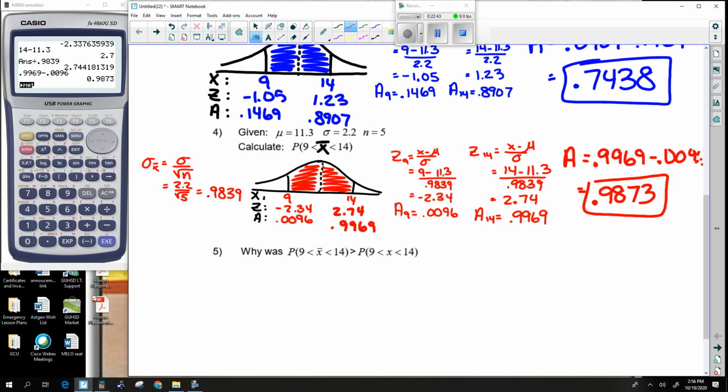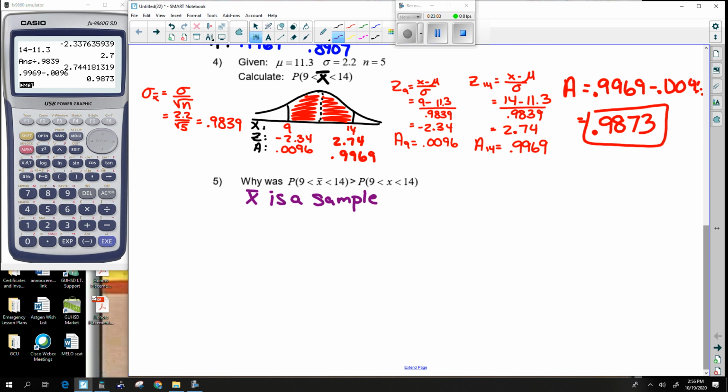All right, number 5. Why was the P of the x bar greater than the probability of the x? And here's the punchline. This, because x bar is a sample. And so what I need to see as your answer is, well, one, you need to identify x bar as being a sample. And then what do samples have?